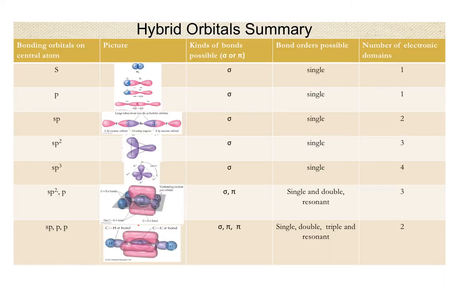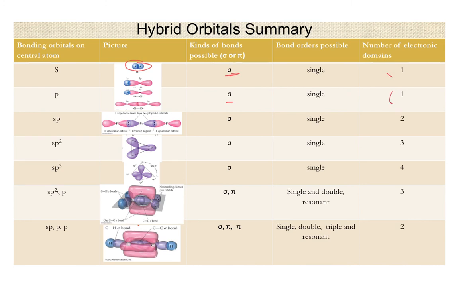All right, so here's our hybrid orbital summary, and when we start to ask about things, it's helpful to refer back to this. Okay, so if I have just a couple of s orbitals bonding, we're almost always going to have a single bond. This happens when I only have one electronic domain. Okay.